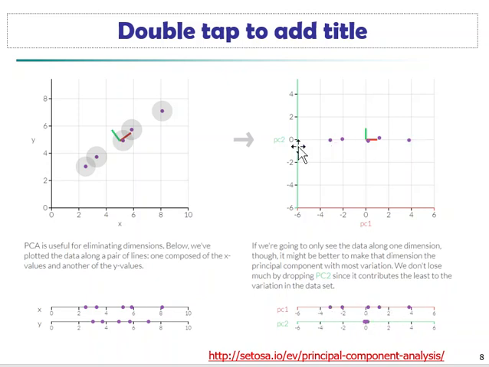Because if we draw perpendicular lines from the data points to PC2, principal component number 2, we will see those dots almost overlap with each other. So in the PC2 direction, the variance is almost 0. The data points are all the same. Therefore, keeping PC1 alone should capture the variance in the data very well already.